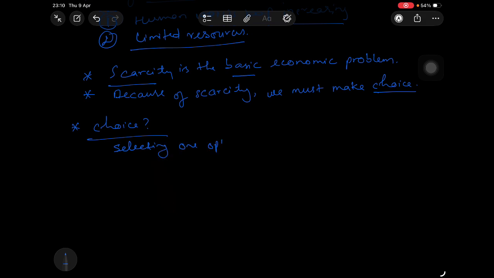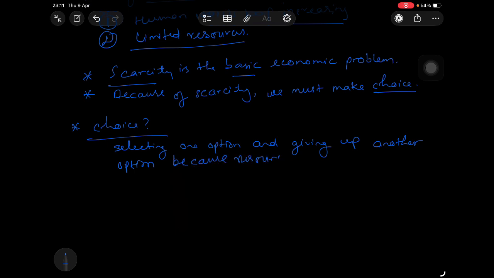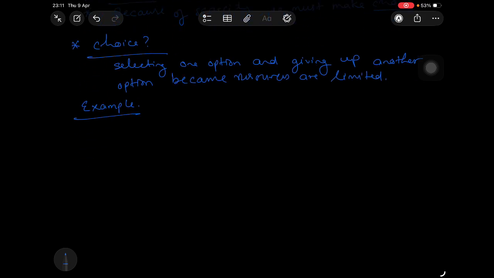Selecting one option and giving up another option, because resources are limited.